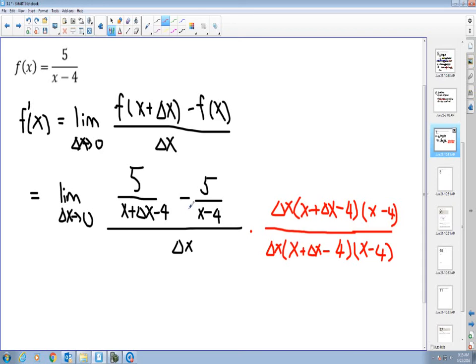So if I multiply the top and bottom by the LCD between all of these fractions, this denominator is missing delta of x and x minus 4. So basically what's going to happen is the x plus delta x minus 4 will cancel out to leave me with delta of x, x minus 4, and times the 5.